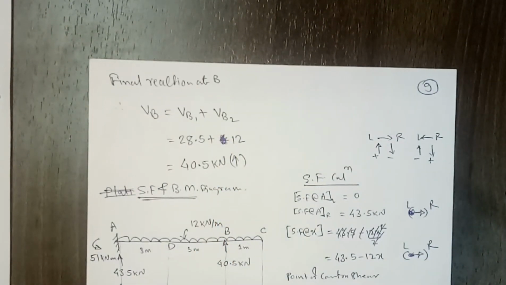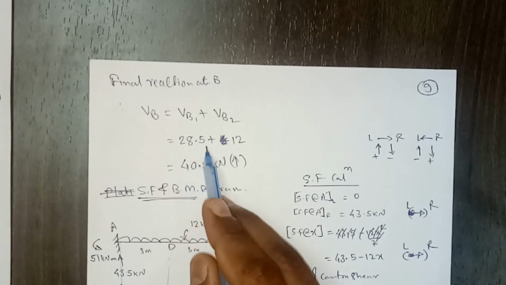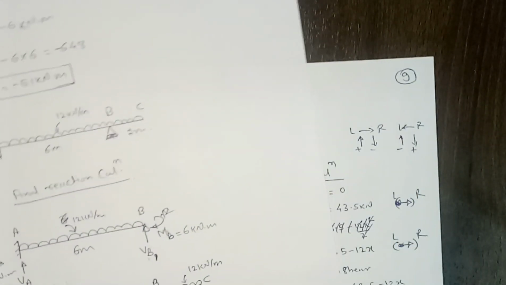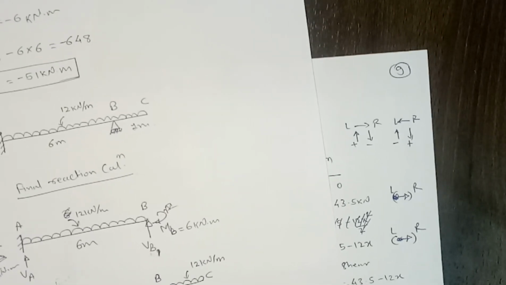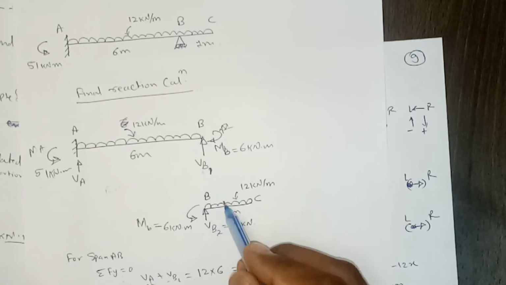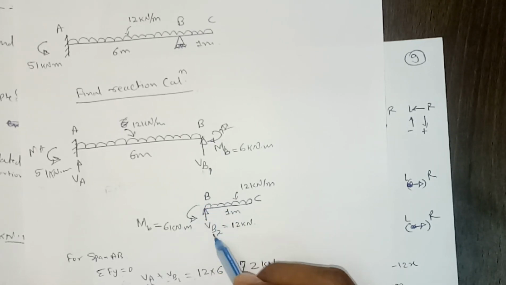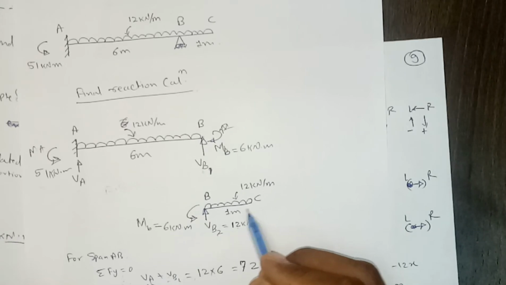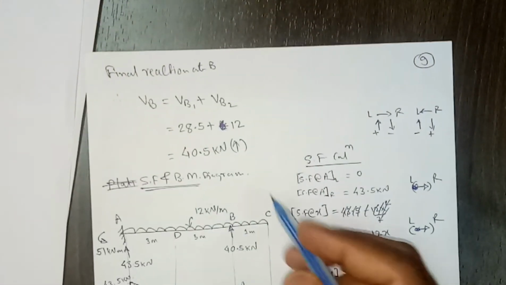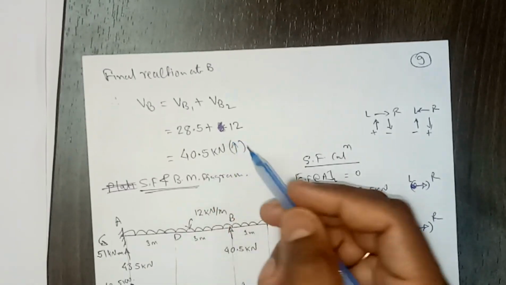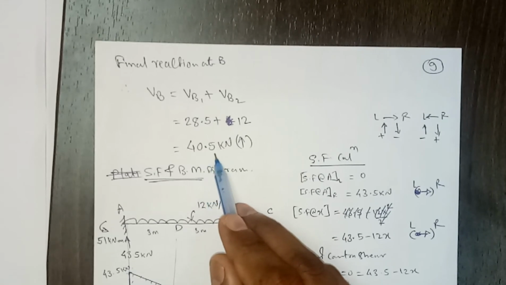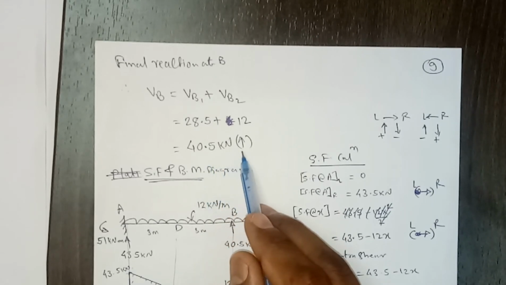VB1 we calculated as 28.5, and VB2 we already calculated by using the condition of equilibrium for this portion. Total downward force should be equal to total upward, so downward is 12 into 1 meter, so this vertical reaction should also be 12 kilonewton. Okay? So that's why I've written 12 here. So total vertical reaction will be 40.5 kilonewton upward.